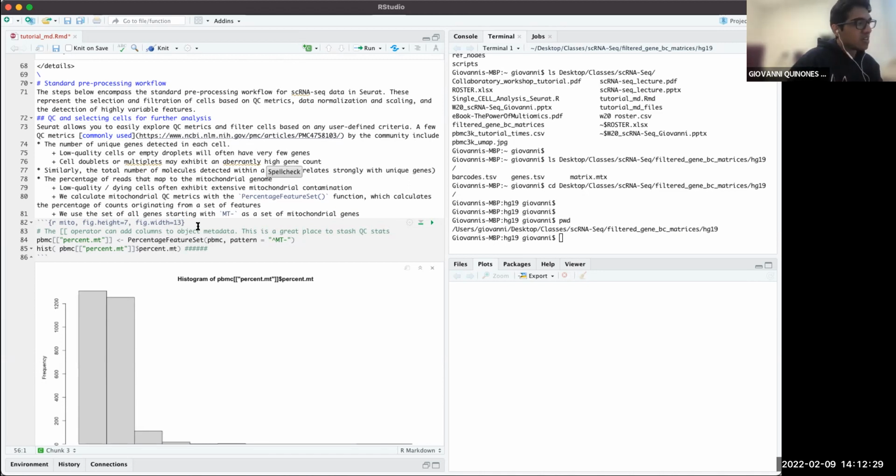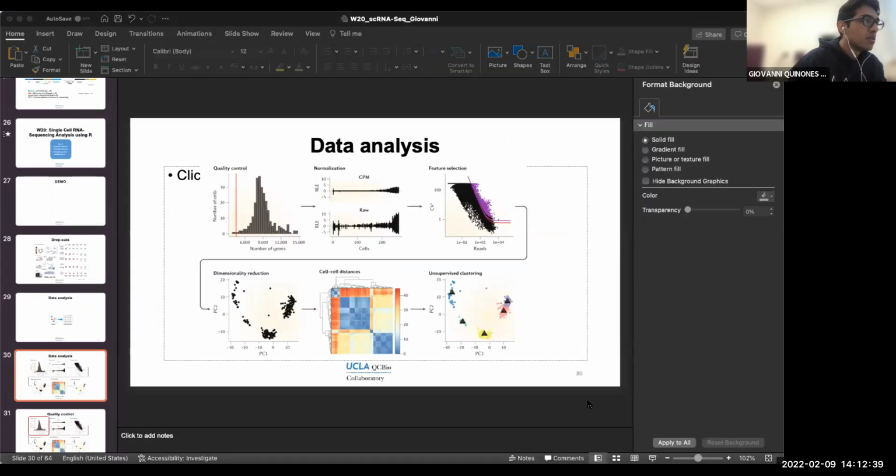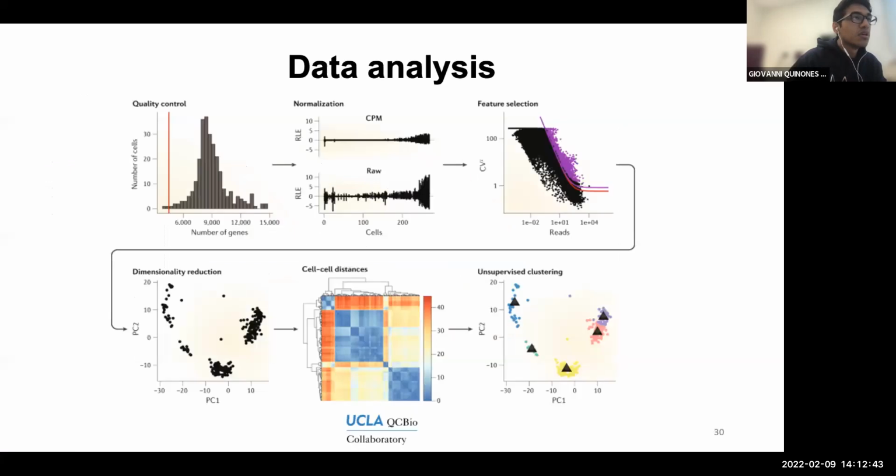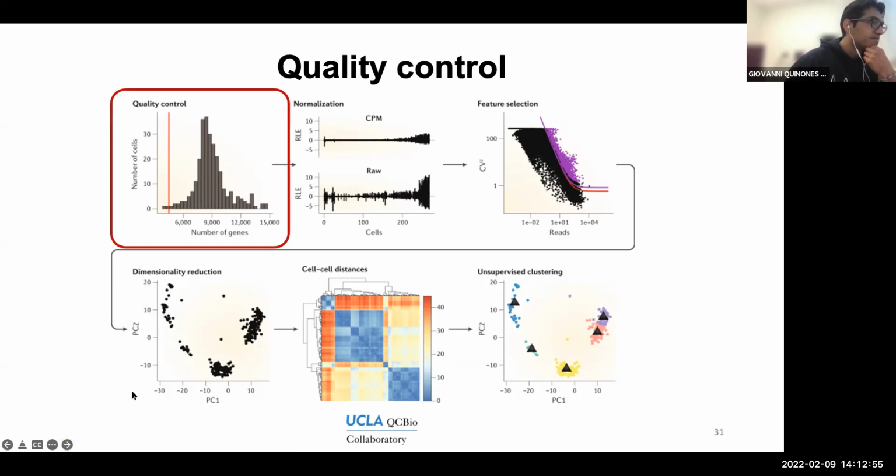And once we're familiarized with the concept, we're going to come back to R and run the code. Yeah, so that will be the first part of our data analysis, which is quality control.